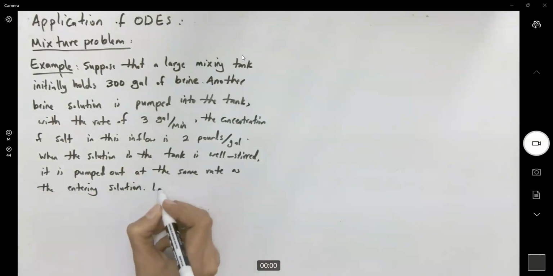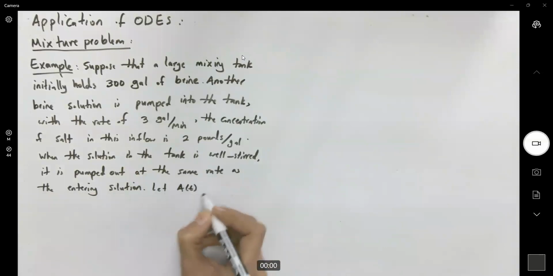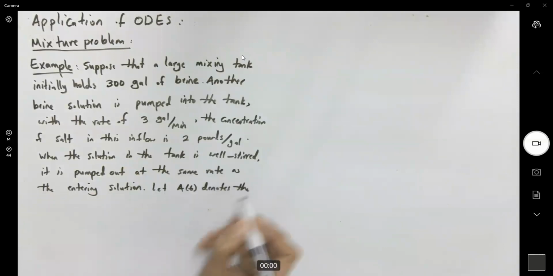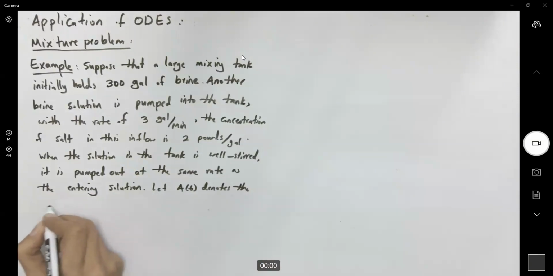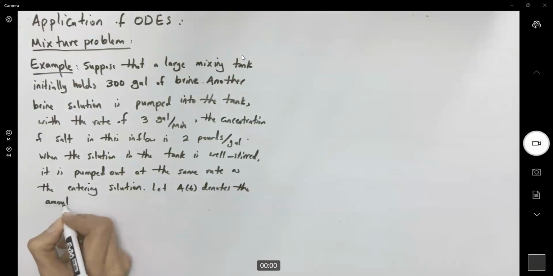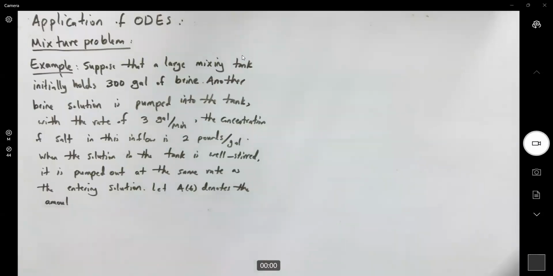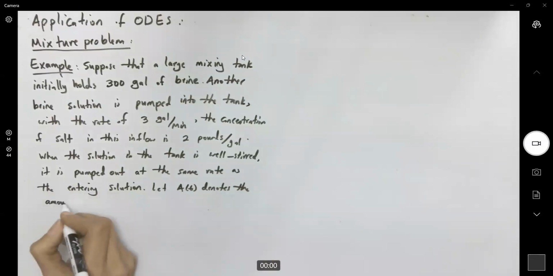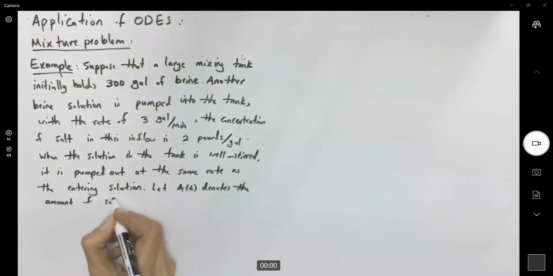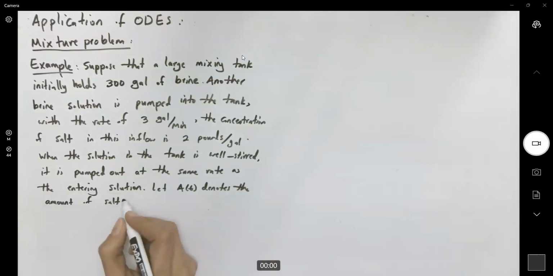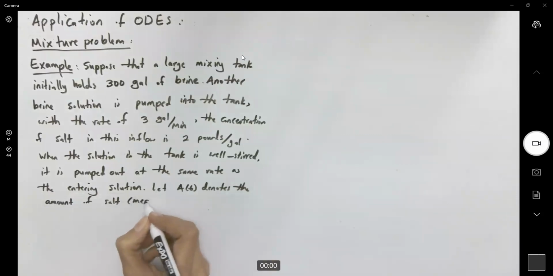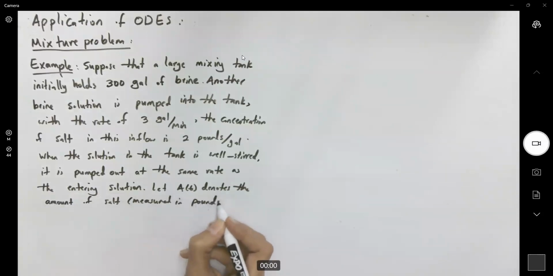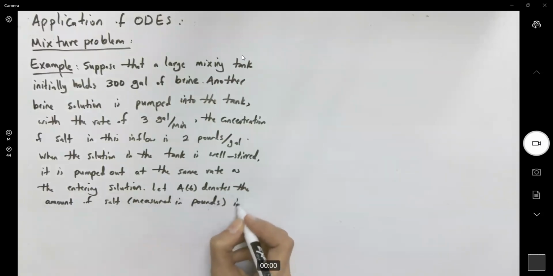Let A of t, so we are defining a function, denote the amount of salt, which is measured in pounds, in the tank at time t.